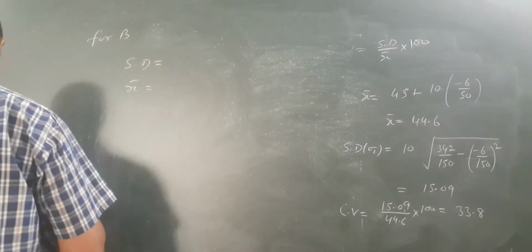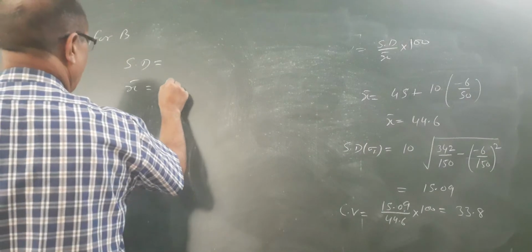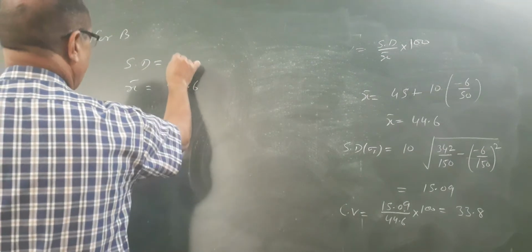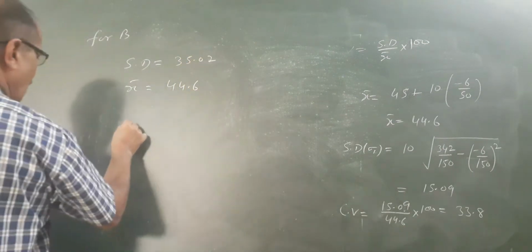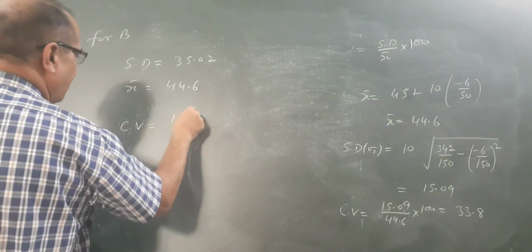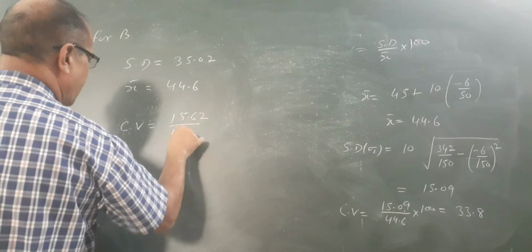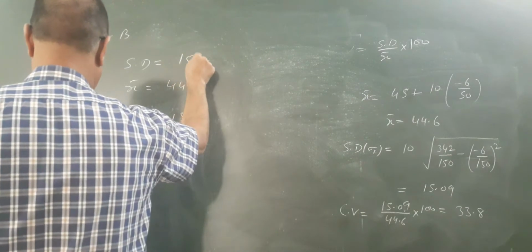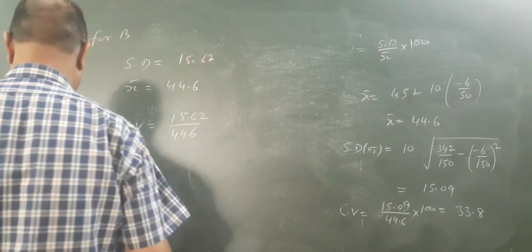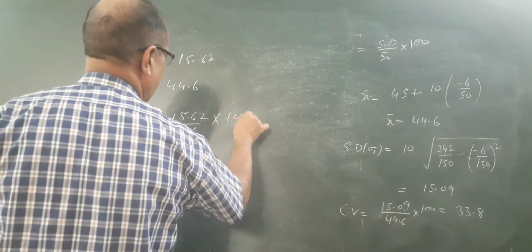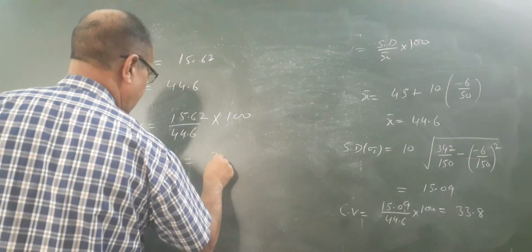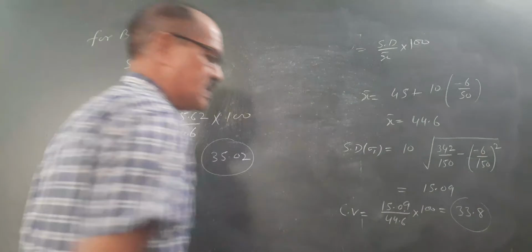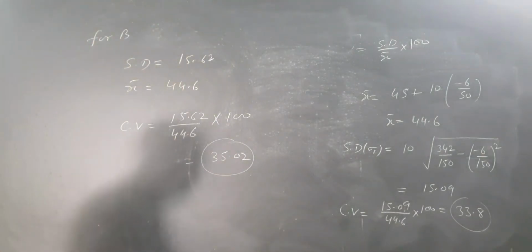Students, I am writing here for the second group, the mean is 44.6 and the SD will be 15.62. Therefore, the coefficient of variation of the second is 15.62 upon 44.6, multiplied by 100 for the second data. This comes out to be 35.02.